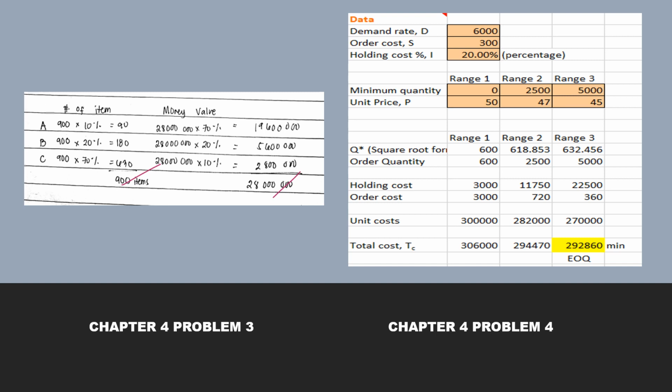That will give us 294,470. For price range 3, the same process, only this time the price per unit is 45 pesos. We will get 292,860. At this quantity discount, price range 3, we will get the lowest inventory cost. So this is our answer.